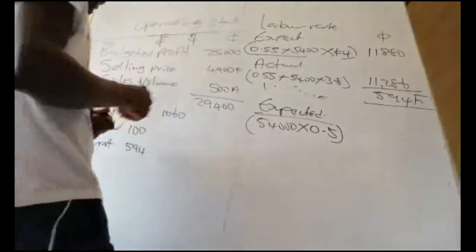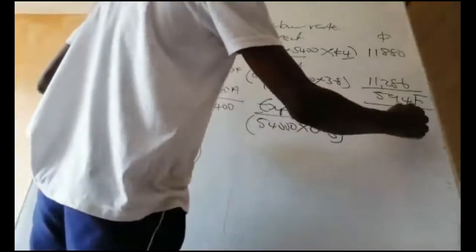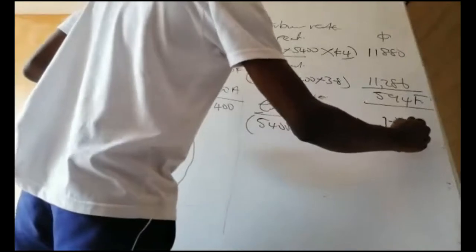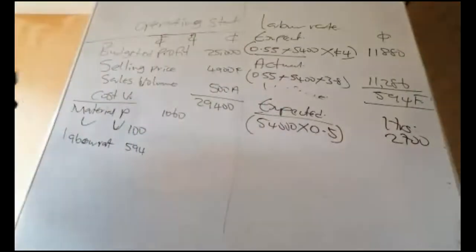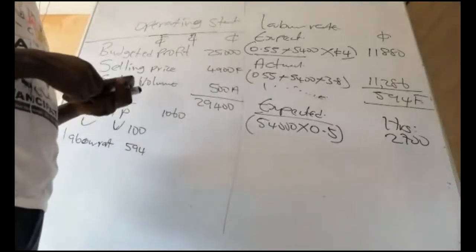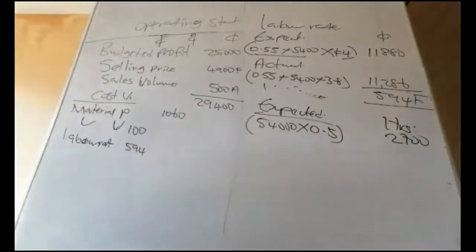So that means we need half of 5,400, which is 2,700.